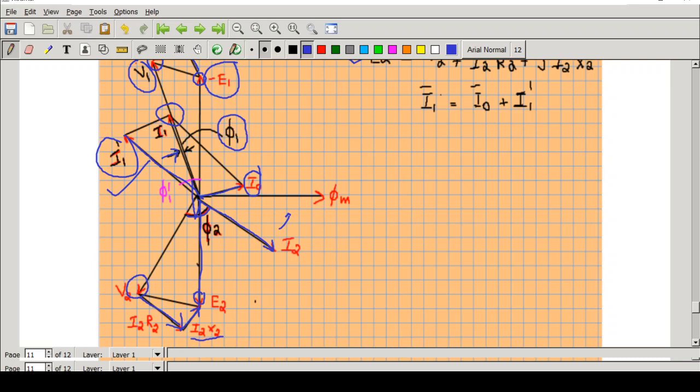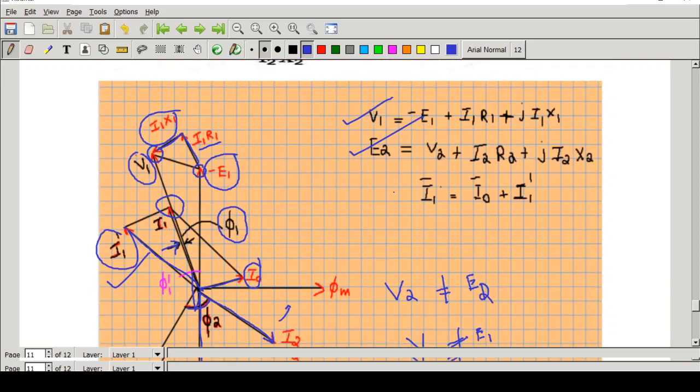Third, the conception that V2 is equal to E2 and V1 is equal to E1 is not valid now. These two conditions are no longer valid. So you have to apply the above two equations and based on that you have to draw the vector diagrams.